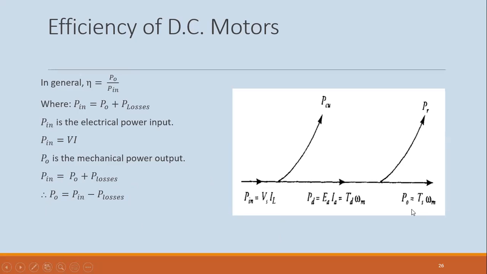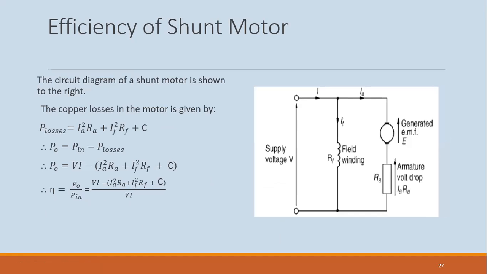All right, so in this case, since it's a mechanical output, we usually have to try to find it from the electrical parameters, electrical input, and the losses in the machine. So you will see that we're gonna be using some of the same parameters: armature winding loss, field winding loss, and the constant losses, but the equations are gonna be different now.